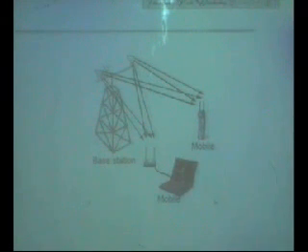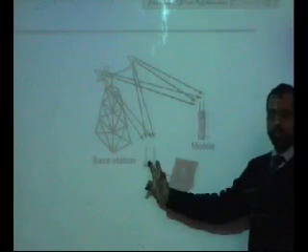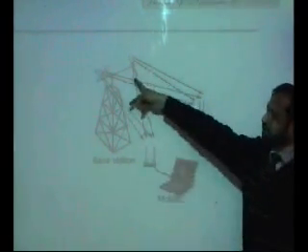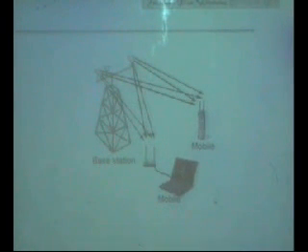Even 802 dot something will have two antennas or four antennas. Your base station, your access point, will be transmitting using multiple antennas, and you will be receiving using multiple antennas.